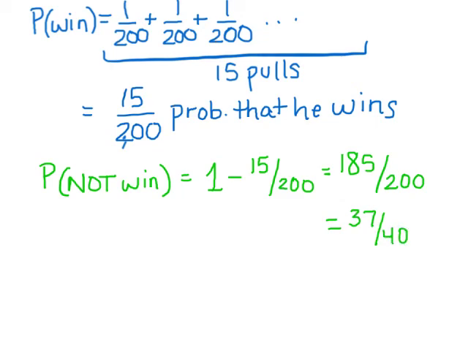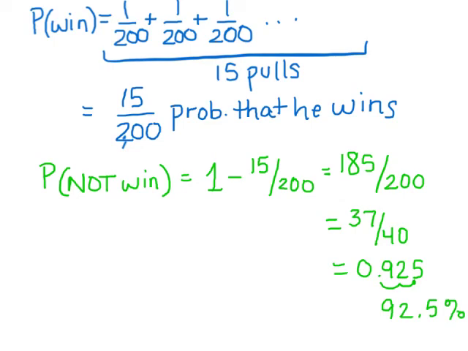And as a decimal, 37 out of 40 is 0.925. Let me rewrite that. 0.925. And then if I slide that decimal point over, it'd be 92.5%. So there's a 92.5% chance that he will not win.